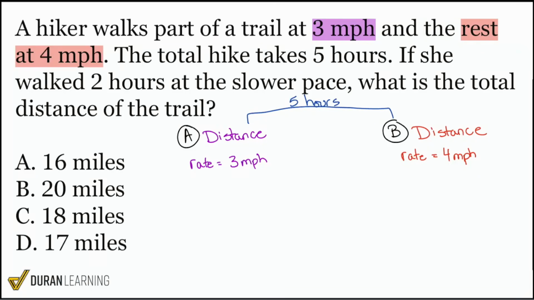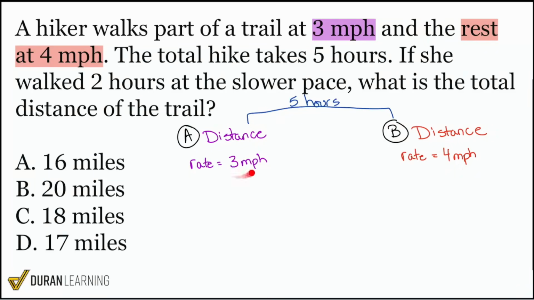Good. Now, that doesn't mean we're not going to use the 5 hours. Watch this. Here, if she walked 2 hours at the slower pace. Everyone, which one's slower, A or B? Yeah, A, because that's 3 miles an hour versus 4 miles an hour.